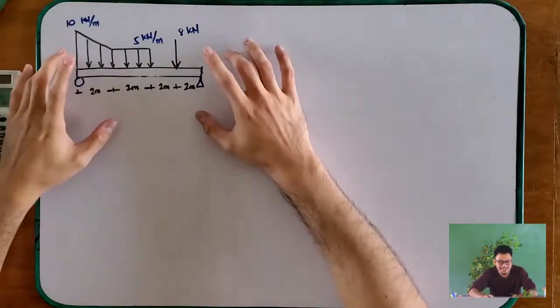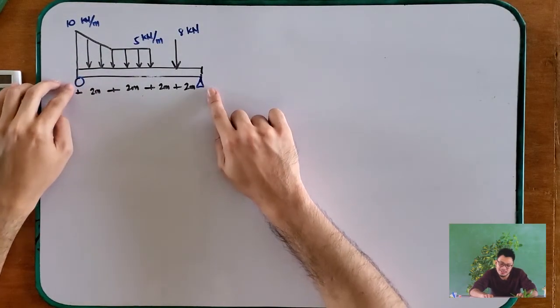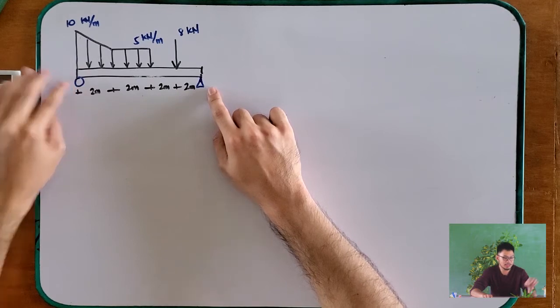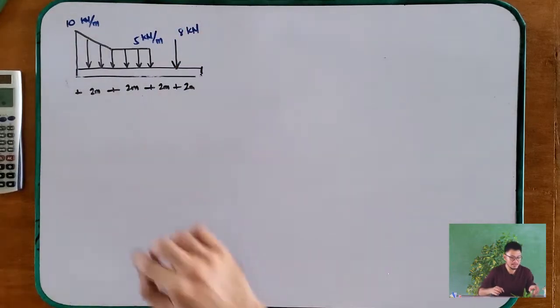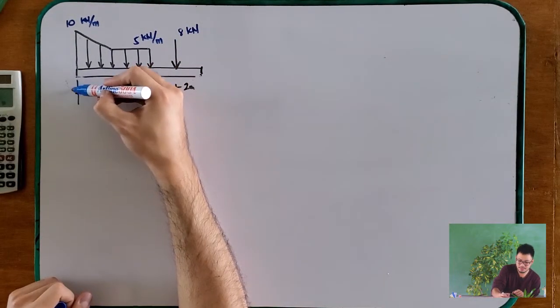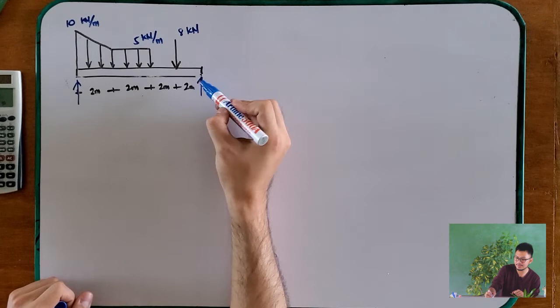So, how are we going to solve this one? What will we do first? First step is to what? To account for all forces, including your external forces. Don't forget about that, because that is the very first thing to do. You cannot start solving if you have unknown reactions. So, instead of having this roller and this pin right here, we will draw the forces so we can see them.